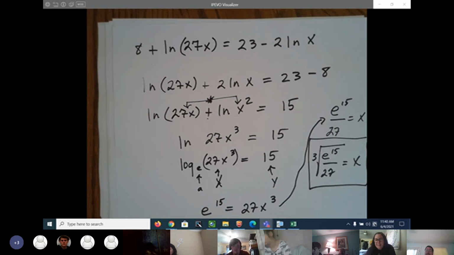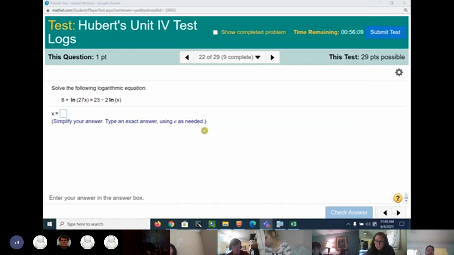Somebody got, let's see what we got, e to the 5th over 3. Wait a minute, it says type exact answer using e. So I'm going to see if they'll take it to the 1/3 power.